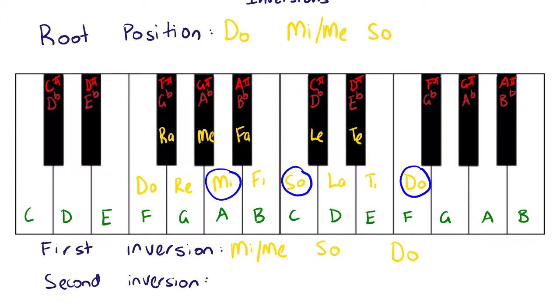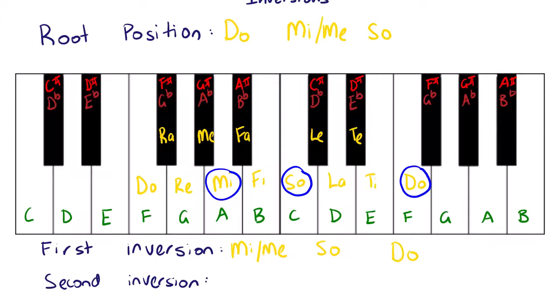It's got a slightly happier and more lively feel, but it doesn't sound as complete. We would call this chord F major first inversion, because F is do, it's a major chord, but mi is on the bottom.